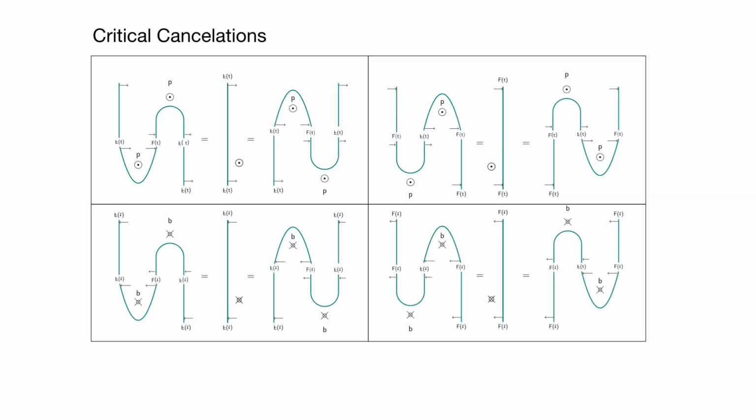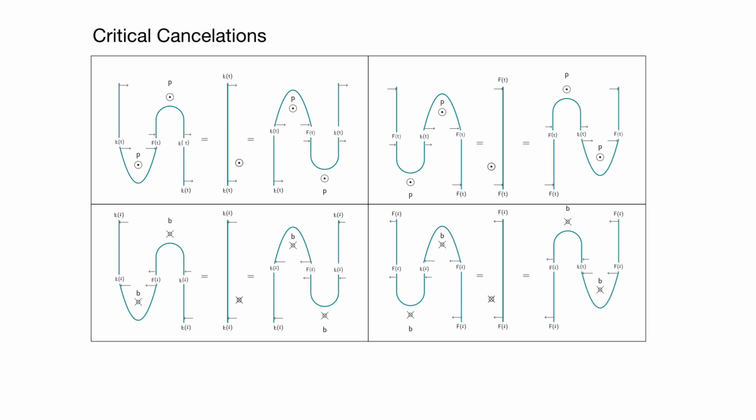The quadruple arrows that we want to have are critical cancellations. So a birth cancels with a fork, either positively or negatively. A saddle cancels with a death, either positively or negatively.